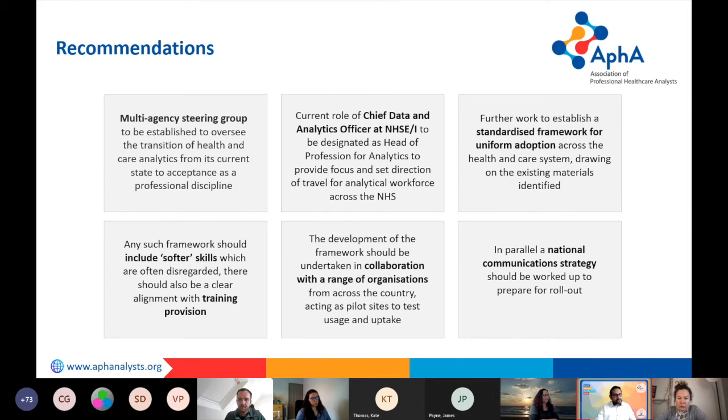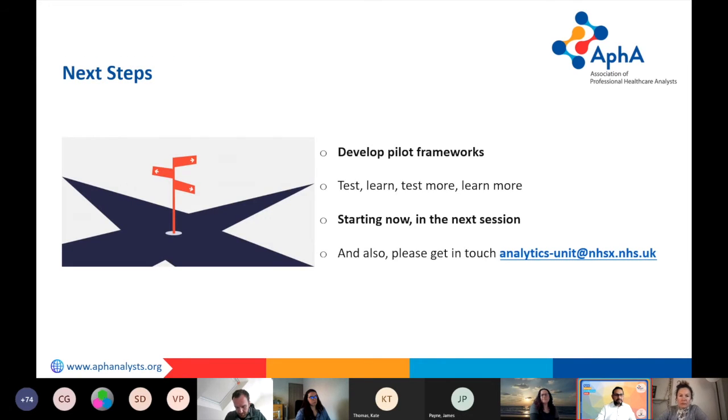And the last thing is about us working jointly together. You can probably sense that NHSX, NHSE and AphA are working closely together. So there needs to be some kind of national comms strategy to go out and ask people to use this, and help them utilize a competency framework if we develop it. So, next step.